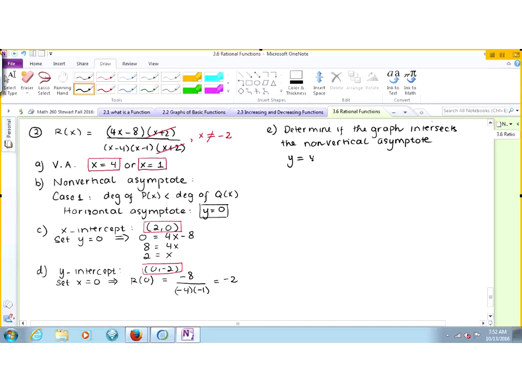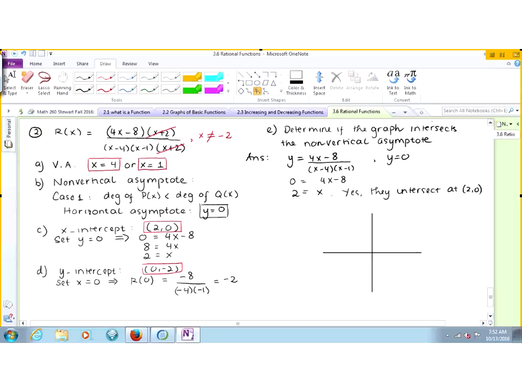So y is equal to 4x minus 8 over x minus 4 times x minus 1. And what is the equation of the non-vertical asymptote? y is equal to 0. So we set them equal to each other, right? So 0 is equal to 4x minus 8. So x is equal to 2. So what is your conclusion? Do they intersect? Yes, they intersect at 2, 0. All right. Good.